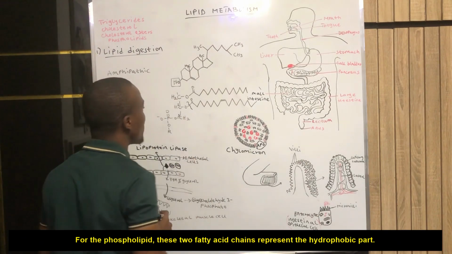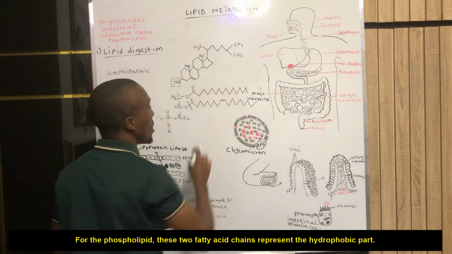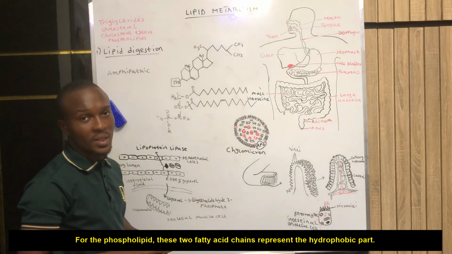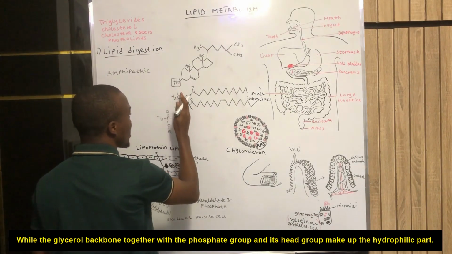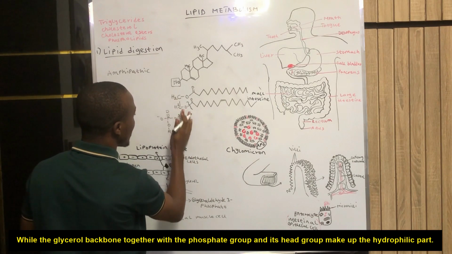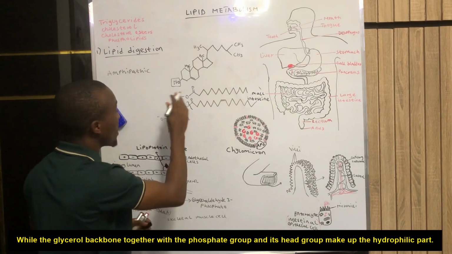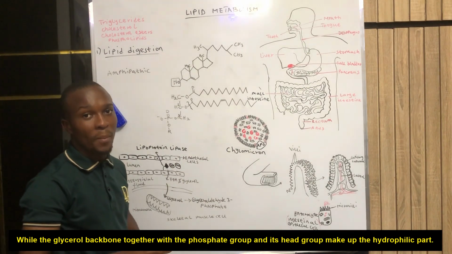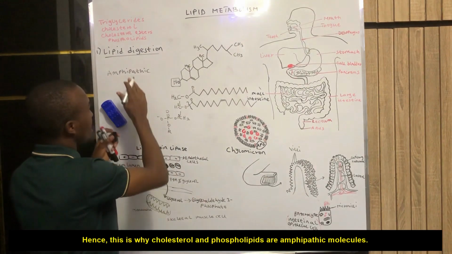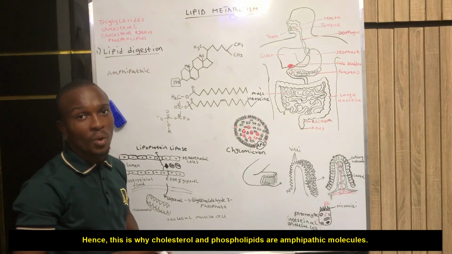Now, for a phospholipid, these two fatty acid chains make up the hydrophobic part, while this glycerol backbone and the phosphate group with its head group make up the hydrophilic parts. So this is why cholesterol and phospholipids are amphipathic molecules.